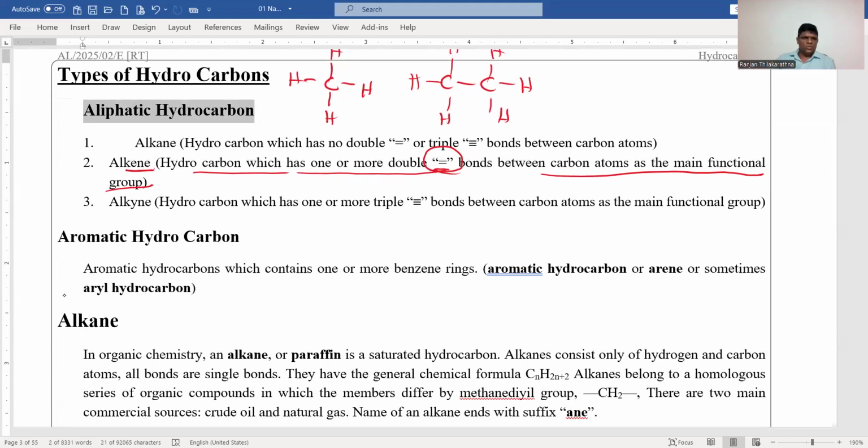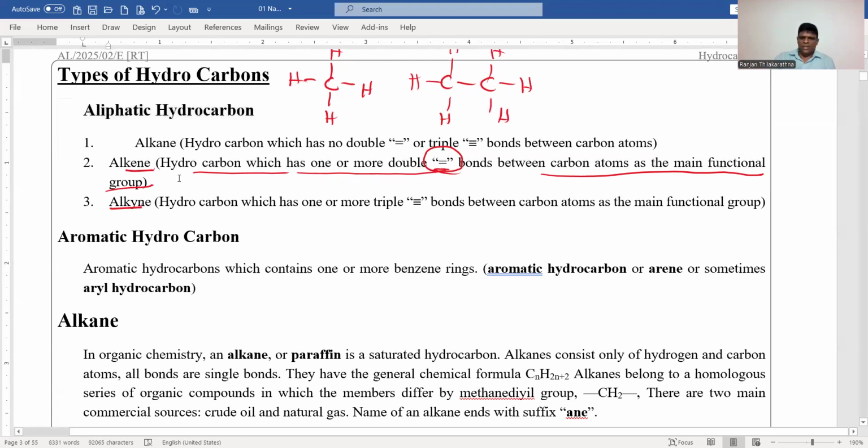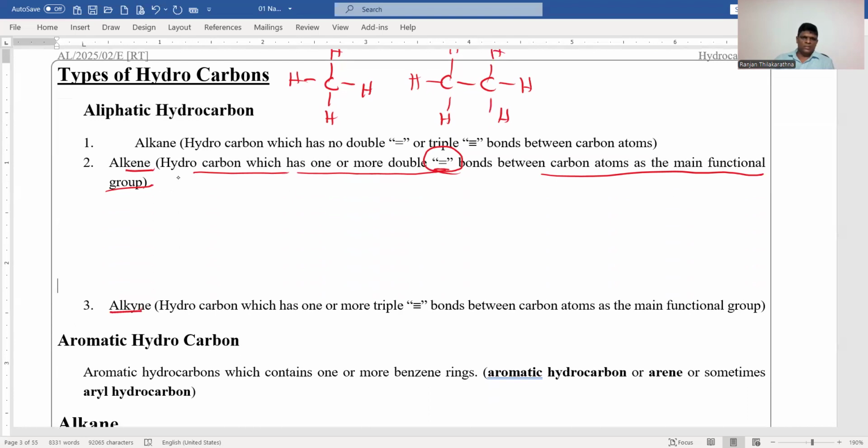The next one is called the alkyne. See, in alkenes we have at least one double bond. This is the simplest alkene. We call that ethene. Ethene has only one double bond between carbon atoms and it has only two carbons, so it cannot have more double bonds between carbon atoms.